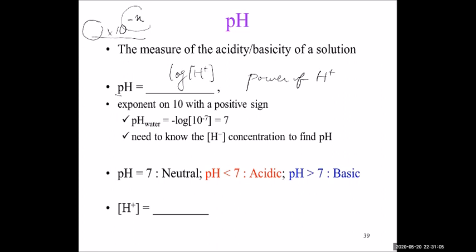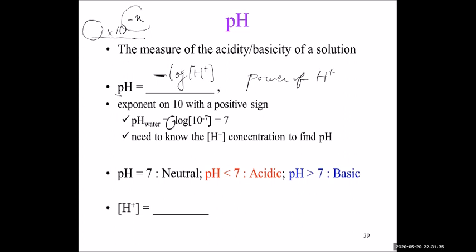So what exactly is pH? How do you calculate it? Use neutral water, 10 to negative 7. You take the log of 10 to negative 7, which gives you negative 7. Oh, sorry, I forgot about this. How can I forget that? You should keep the negative in front. Negative log will give you pH. Make sure you have the negative.